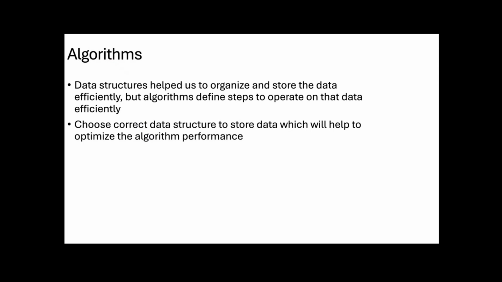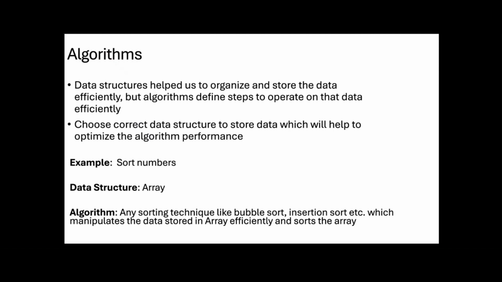That will help you optimize the algorithm performance. For example, let's say you have a requirement to sort numbers. You can store those numbers in an array data structure. Then what is the algorithm here? You need to sort the numbers. There are different types of sorting techniques, like bubble sort, insertion sort, or merge sort, which define the logic to manipulate the data stored in the array efficiently and sort the array.